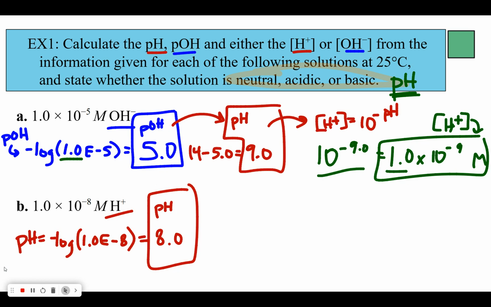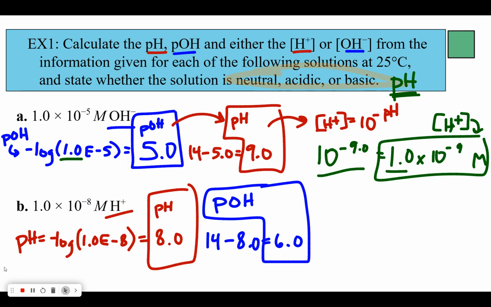So to finish out this part B here, if my pH is 8, then my pOH is going to be 14 minus 8. I'm trying to add an extra decimal there where I don't have it or need it. But that means my pOH is going to be 6.0.